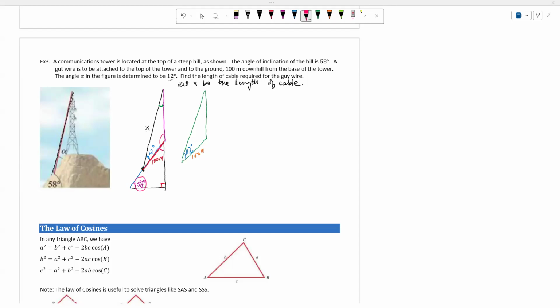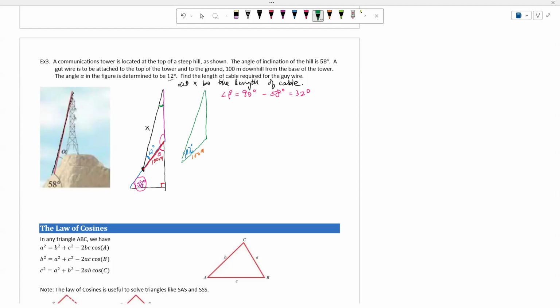In this case, maybe let me call this angle beta. So the angle beta is equal to 90 degrees minus 58 degrees. So in this case, it will be 32 degrees. Again, because this is a right triangle, right?